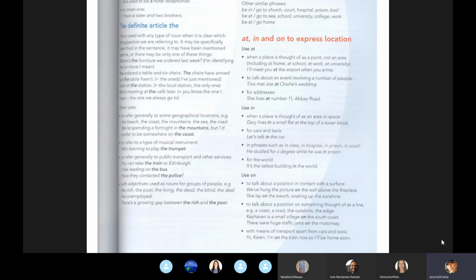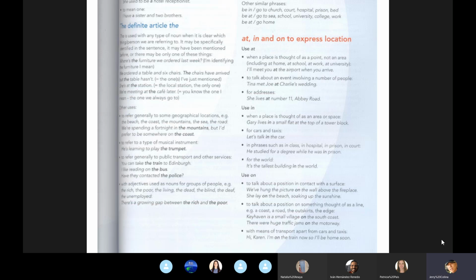At Charlie's wedding. So we use at to talk about an event involving a number of people: at a congress, at a convention. See that? At a summit, at a meeting, at a wedding.